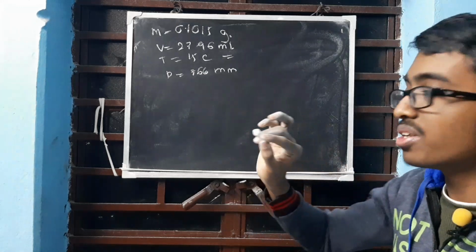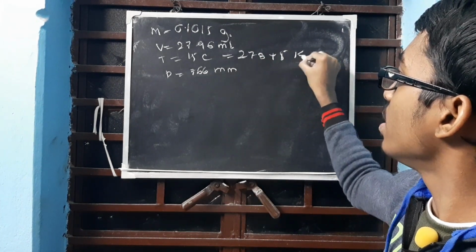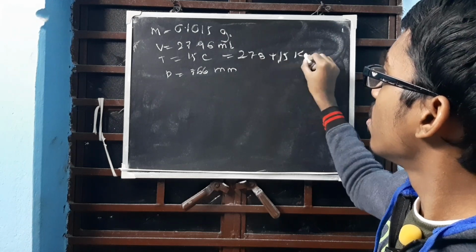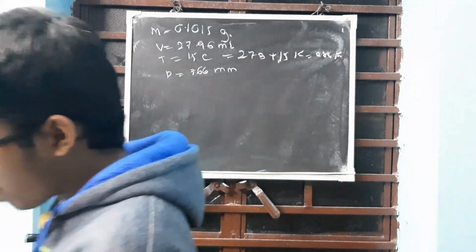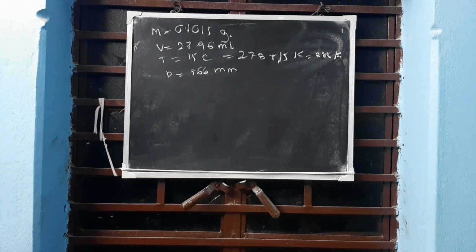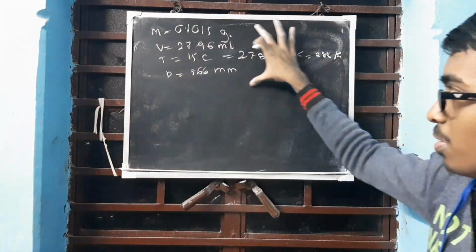Always Kelvin is mandatory over here, so 273 plus 15 is 288 Kelvin. Understood? This is the given condition.